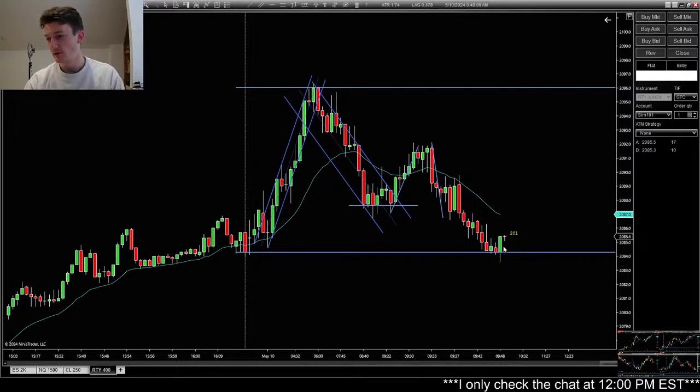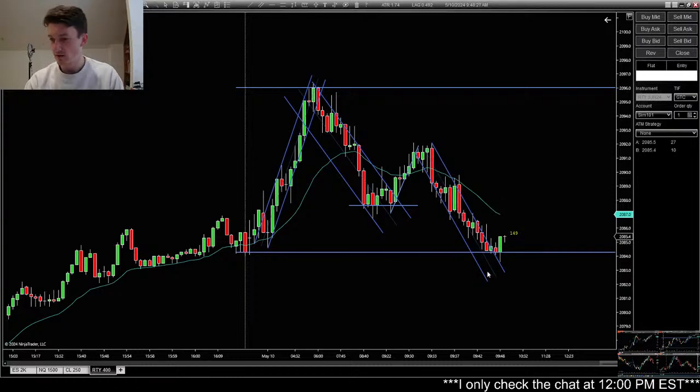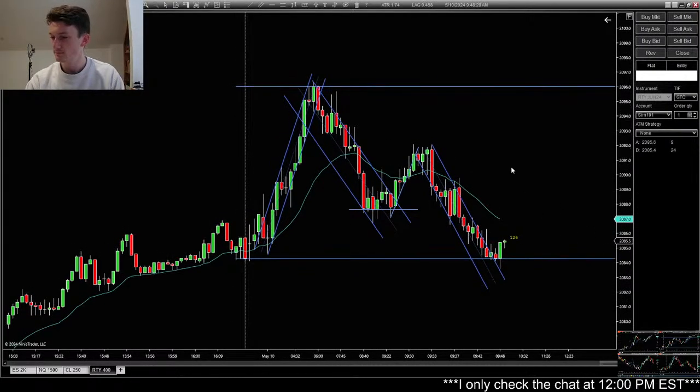RTY, looking for a move up now. I think this downtrend is probably correct though. It's probably tighter like that though. Or, yeah, I'd say that's probably right.